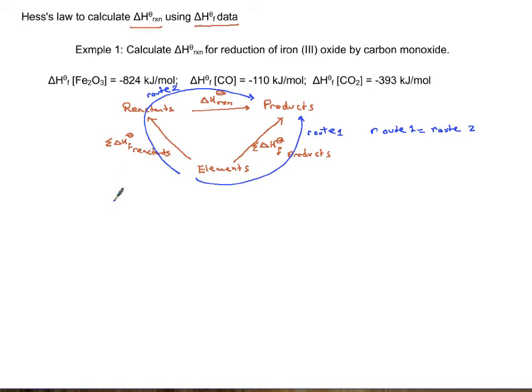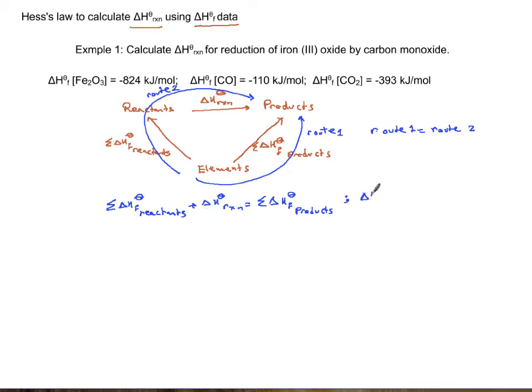So I'm going to put them equal to each other, sum of delta H formation of reactants plus delta H of reaction is equal to route number 1, which is sum of delta H formation of products. I'm just going to write it in terms of delta H reaction.